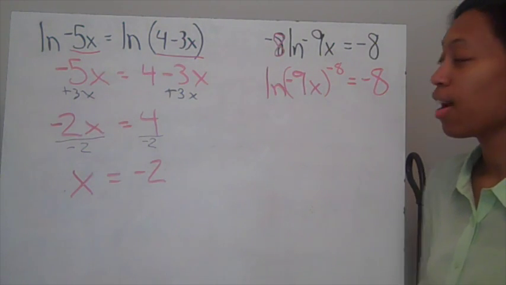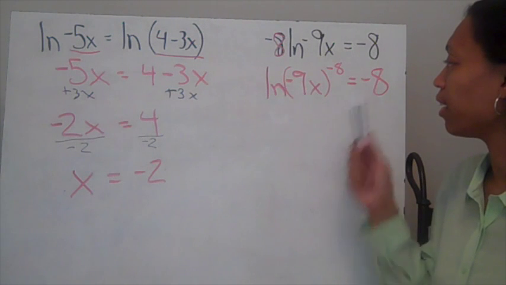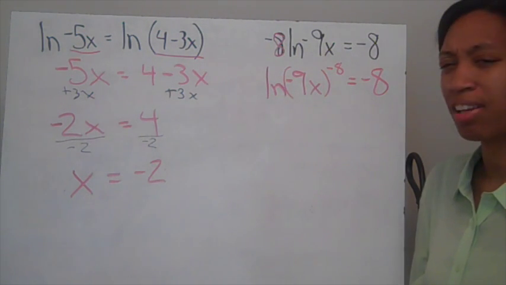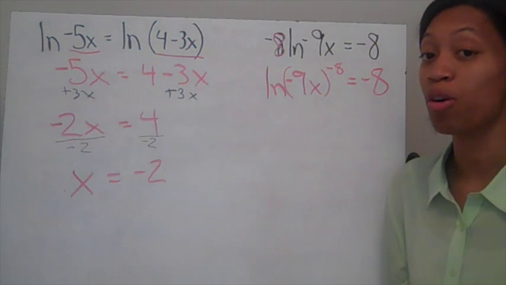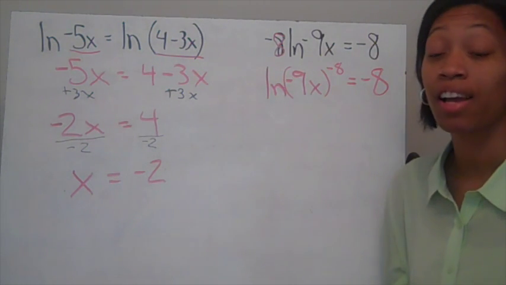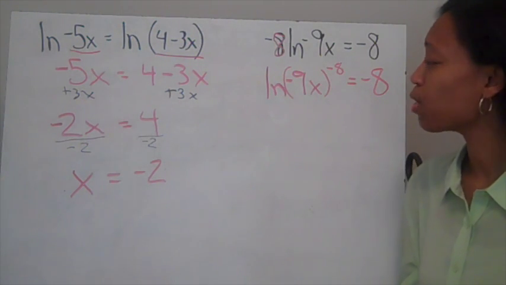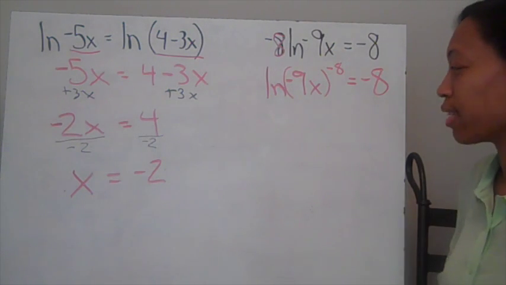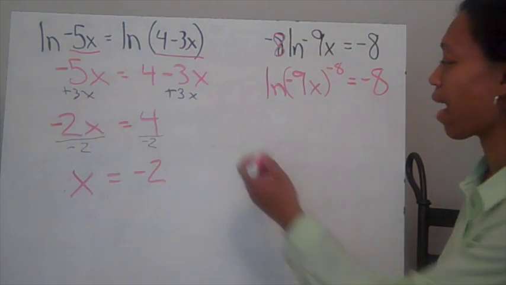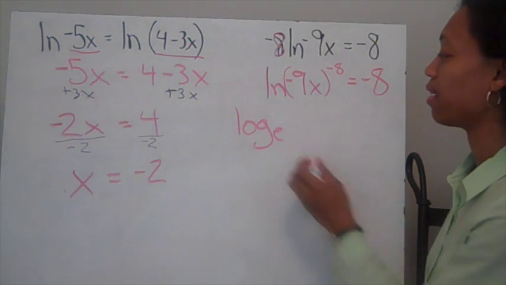I could raise each side to the e power and put an e here and an e here to make the ln cancel out, but how I was doing these before was, once I had my log, rewriting it in exponential form. So I'm going to rewrite this natural log as a log so I can see better what I have. Natural log is the same as log base e.